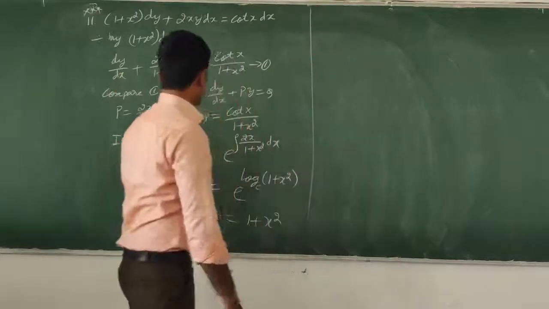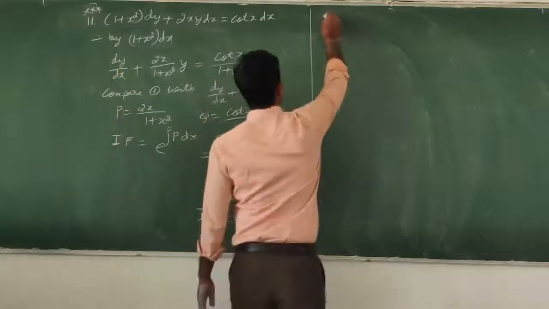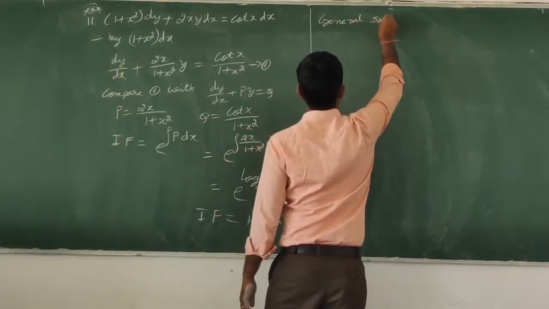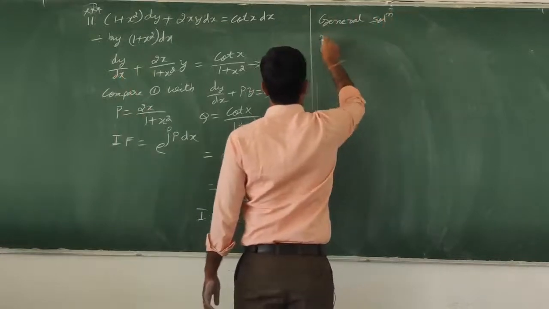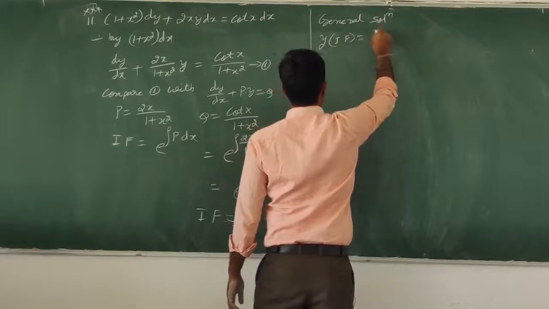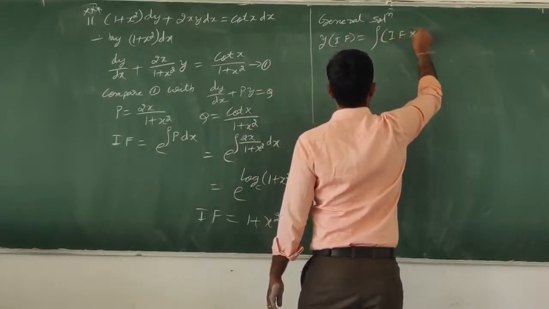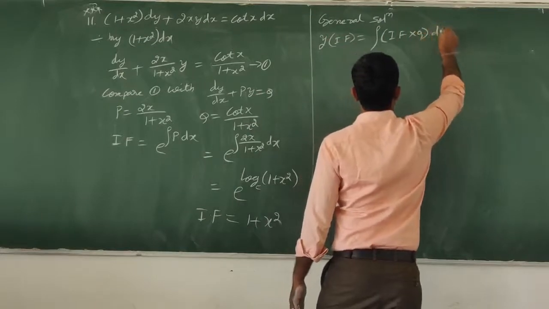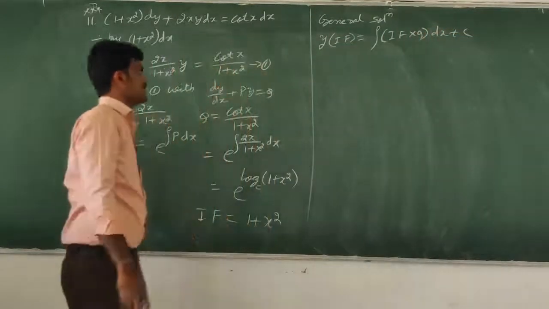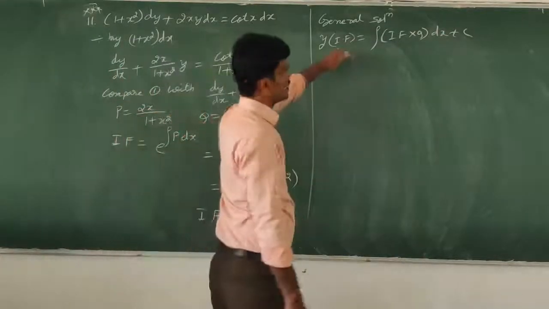Once you get the value of the integration factor, next our aim is to find the general solution. By using the standard formula, y into integration factor is equal to integration of integration factor into Q whole dx plus c. Now we know the values of the integration factor and also the value of Q. Just substitute those values in this equation.